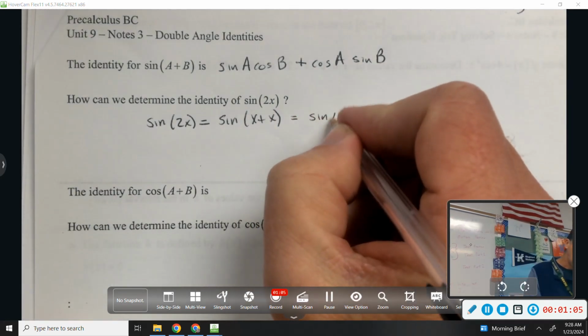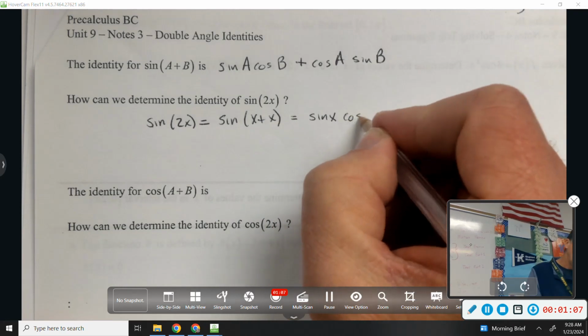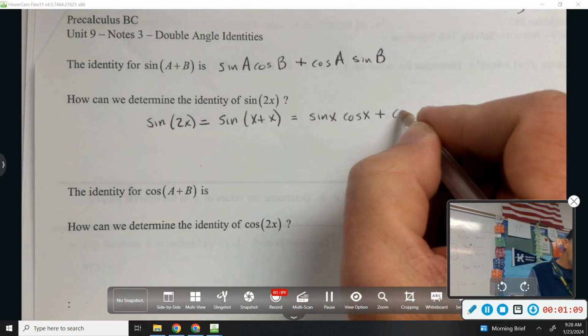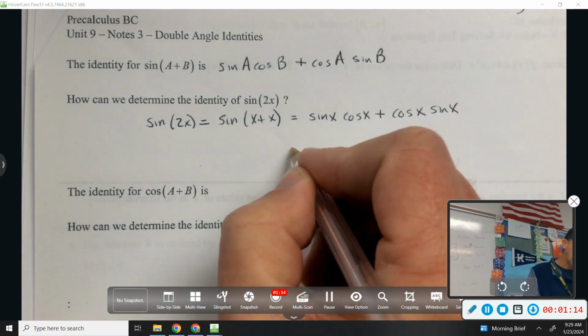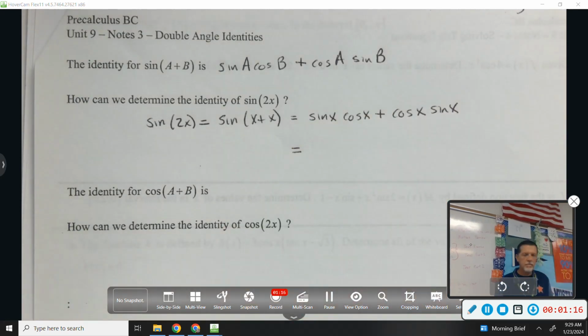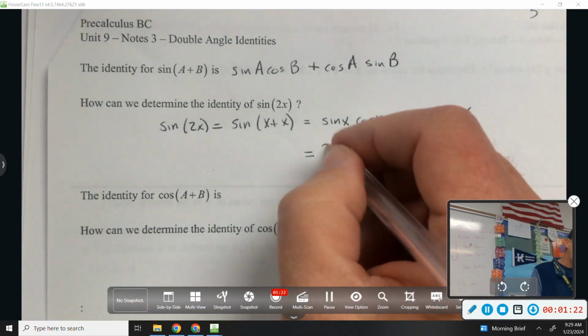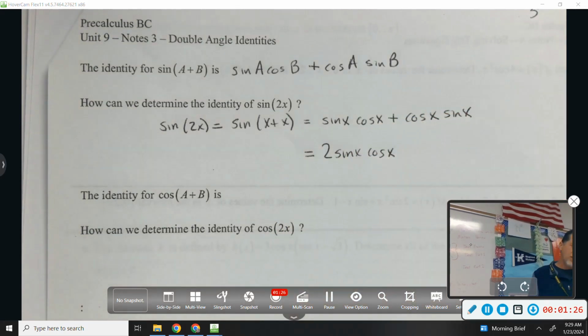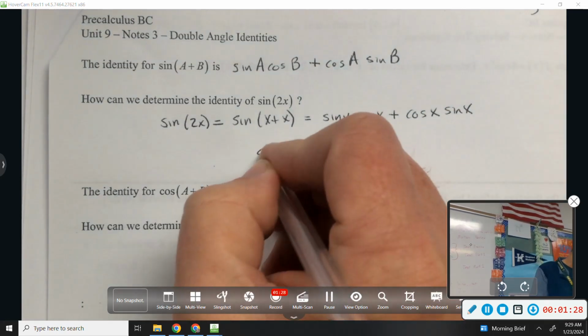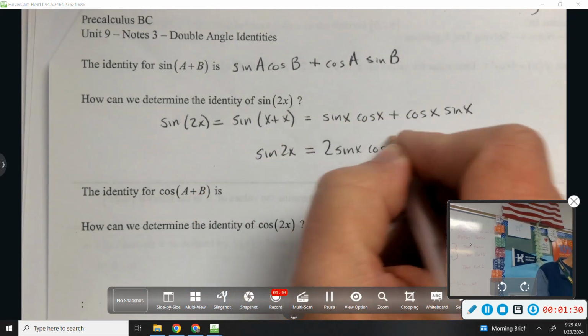So sine x cosine x plus cosine x sine x. Well, the order doesn't matter in multiplication, so that's 2 sine x cosine x. So there's one of our equations today.